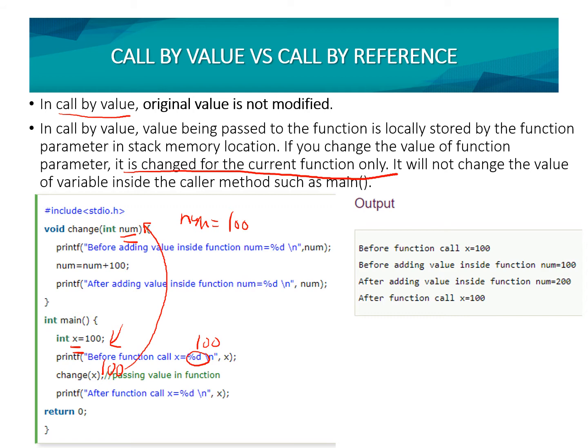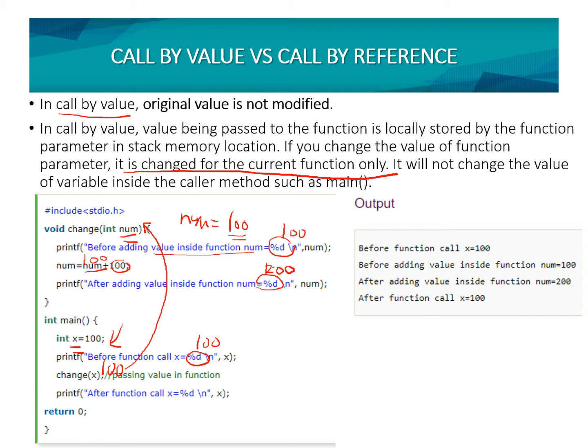Before adding values inside the function, this one is 100 because we are getting the value from here. Right now we are having a calculation in this statement: 100 plus num, which is 100 as well, equals 200. So after adding the value inside the function, we get the output 200.